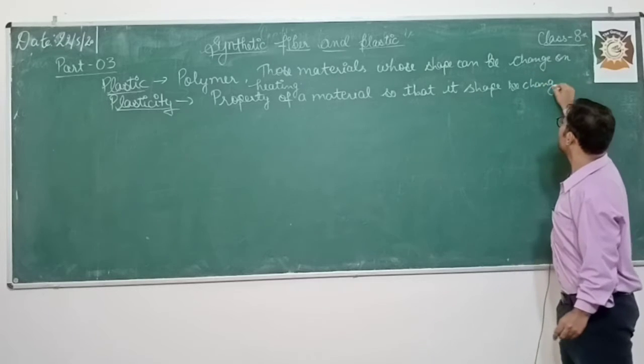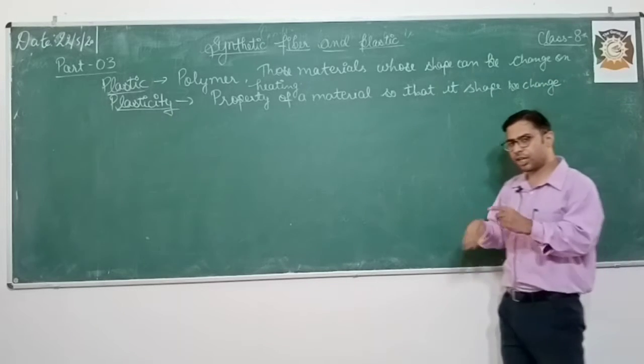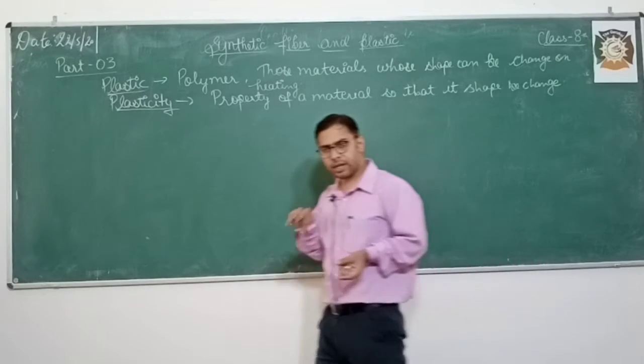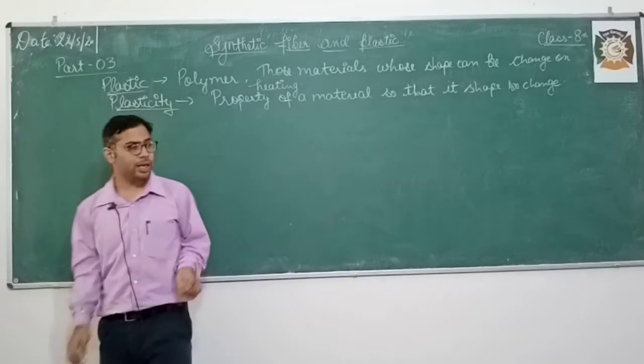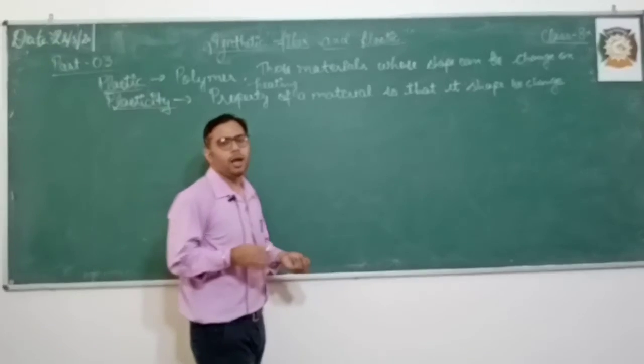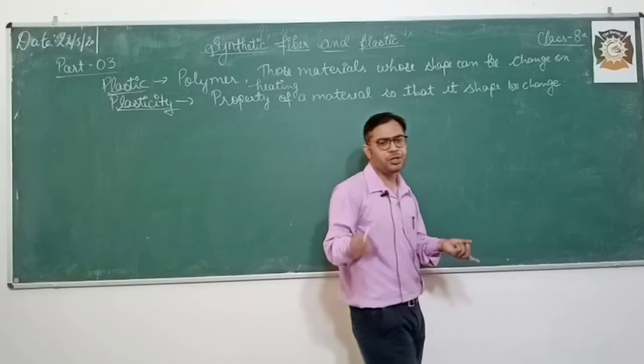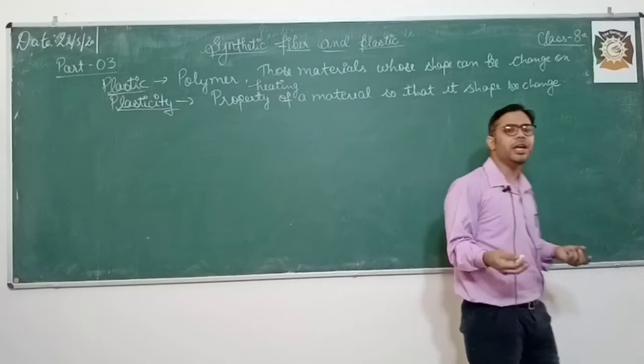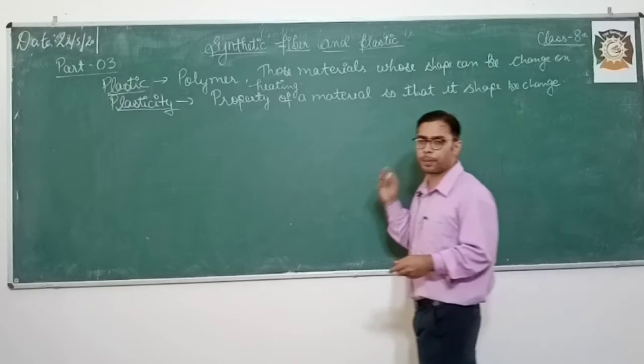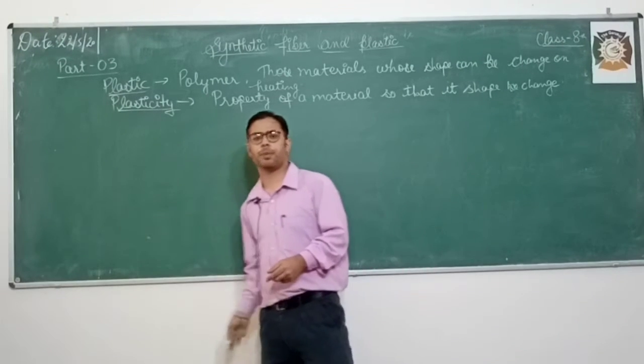Understand students? So what is plastic? Those materials which can change their shape on heating are known as plastic. The property by which a substance can change its shape on heating or reheating is referred to as the plasticity property.